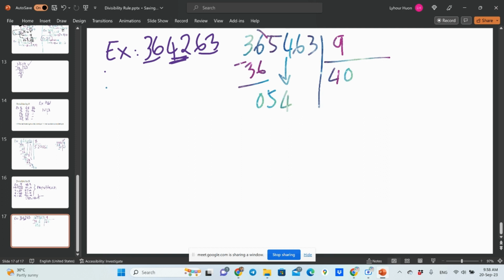How many times does 9 go into 54? 6 times. 6 times 9 is 54, and this is 0. We drop the 6.